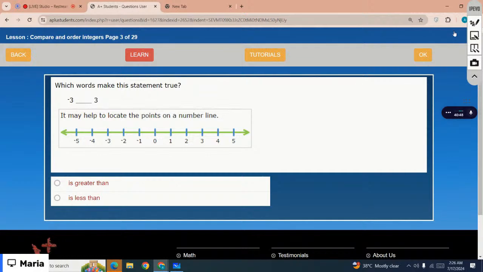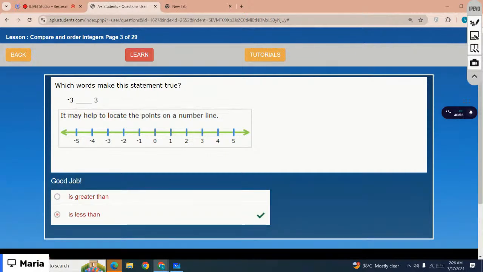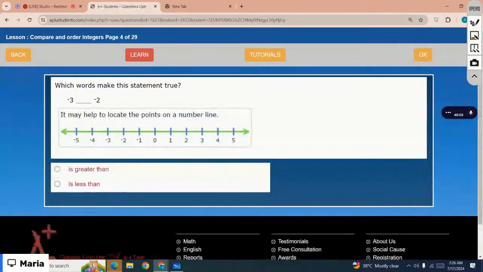Yes, -3 is less than 3, right? Negative numbers are always smaller than the positive numbers. Very good. Which words make the statement true? -3 and -2, which is the correct option?